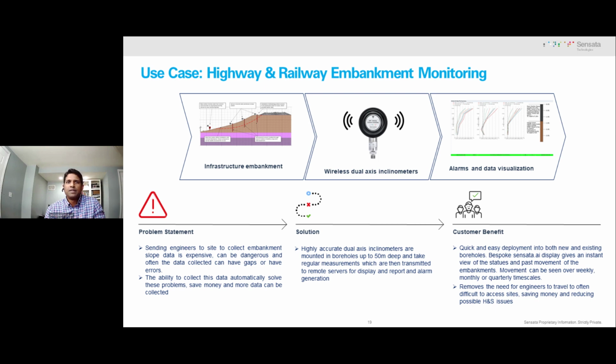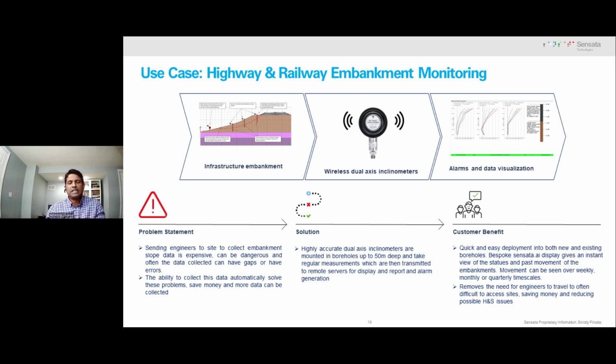Our system takes the inclinometer readings on an hourly basis and displays them on the live dashboard in an industry standard graphic format. The slope movement can be seen over trend charts.